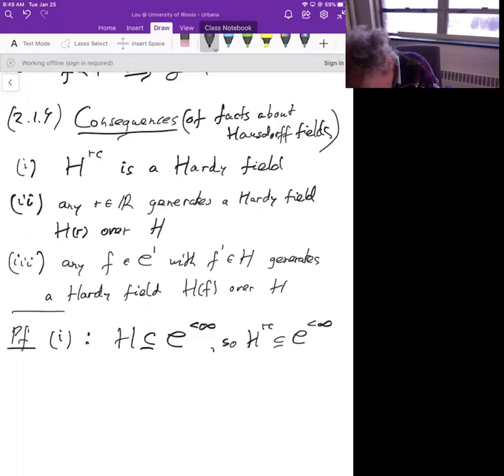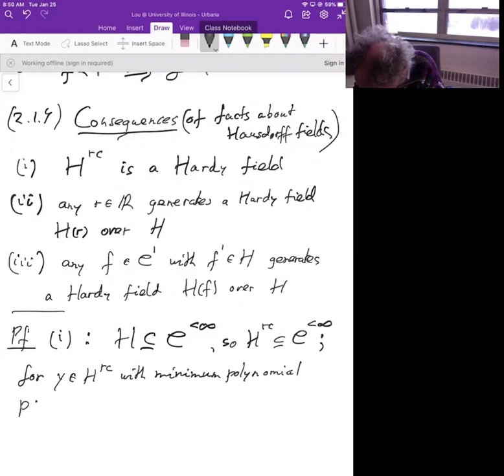And there we use this formula that I made explicit last time for y in the real closure. Then of course it has a minimum polynomial over H, P(Y).